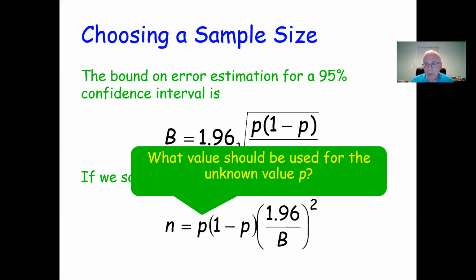So if there's no estimated p, what we're going to use for an estimate of p is 0.5. So make sure you write that down in your notes. If there's nothing mentioned in the problem about an estimated p, and we want to find the minimum sample size for our survey, we're going to use 0.5 for p. And that means 1 minus 0.5 is also 0.5.